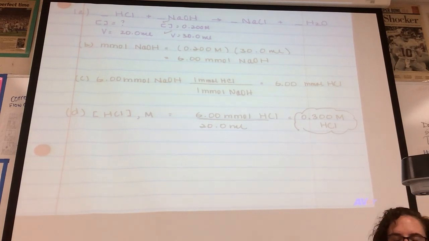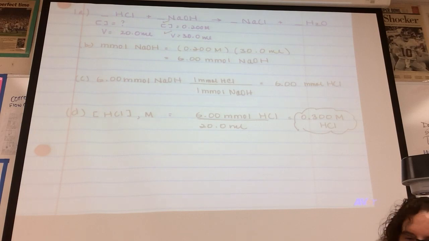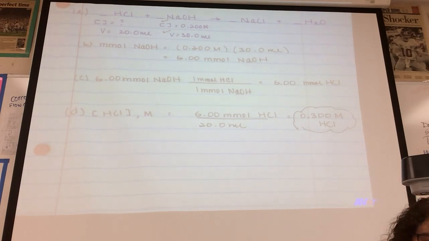So from the information provided and through following the steps of a titration problem, I can calculate the concentration of the acid in this case. And if you follow these 4 steps, you'll be golden with these types of problems.